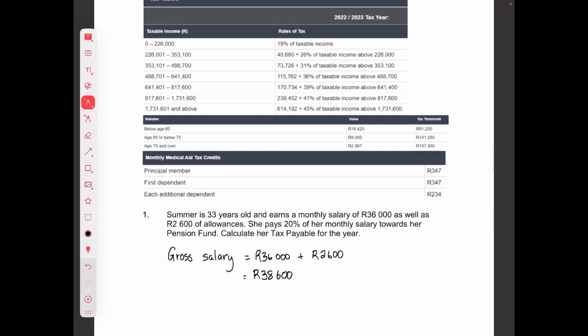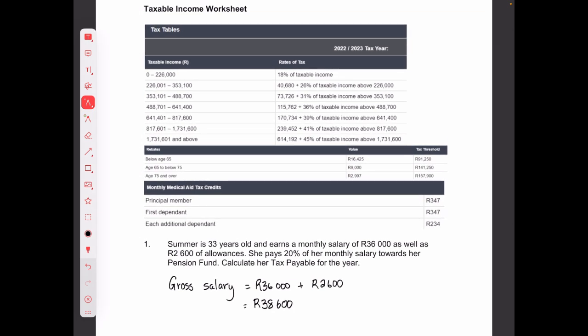And then when you work with your income tax table, your salary has to be an annual salary. It cannot be a monthly salary, and this is stating here that this is monthly. So we need to work out her annual salary.